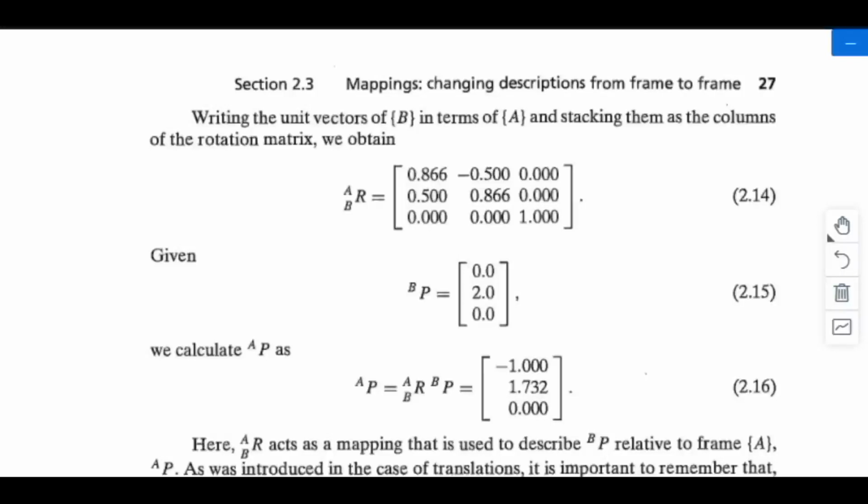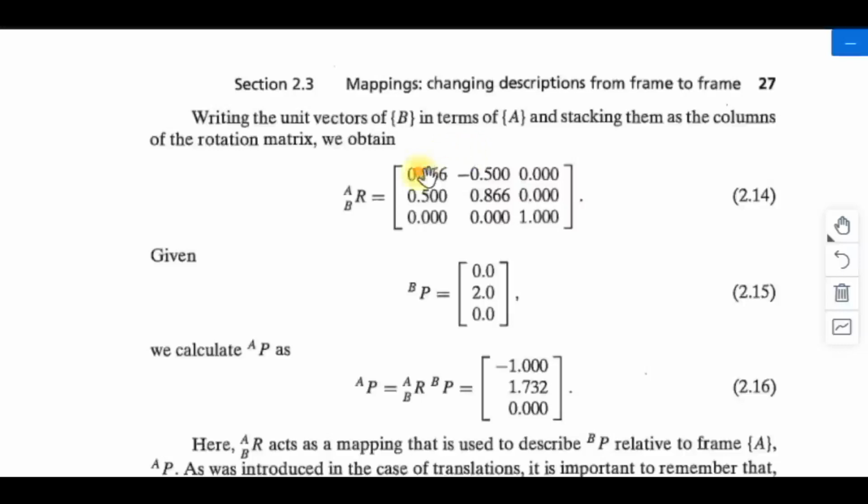So here we have to write B in terms of A. We have to calculate first the rotational matrix, and this matrix is basically R Z theta, that is cos theta, minus sin theta, cos theta, and since it is rotation about Z, obviously these two values should be 0, these two values are 0, and this is 1.